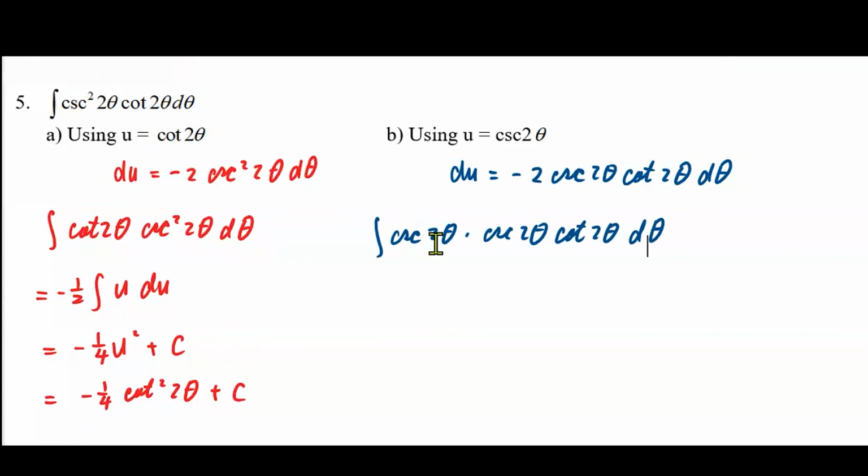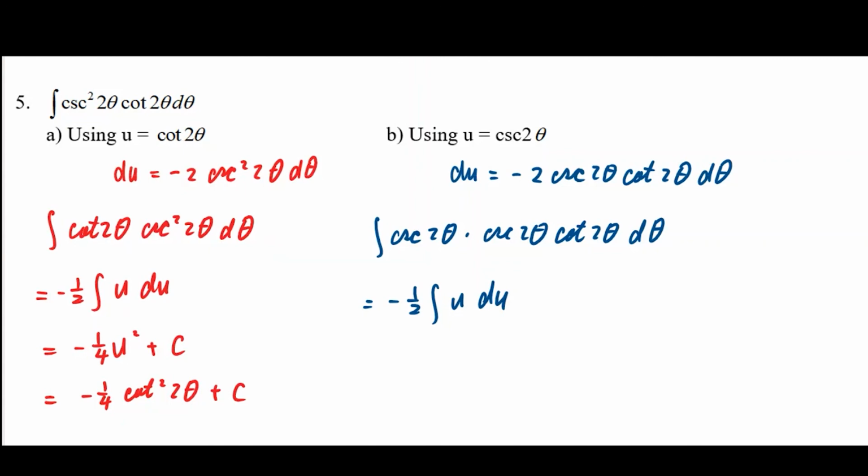This thing is u, and all of that is du then, isn't it? You get it? So all of this is almost du, because that much is right here. So once again, 1/2 to the other side. So this thing will change to negative 1/2, and then u, and the other part is du. Any questions so far?